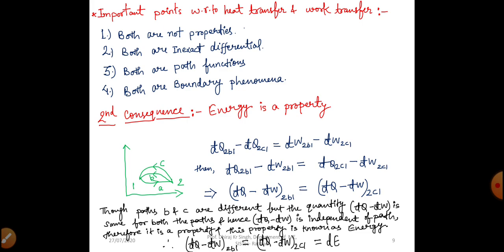So del Q minus del W for 2b1 equals del Q minus del W for 2c1, which is equal to dE. Why have we written d here? Because d denotes an exact differential. Energy is a property, that's why we have written dE. And why did we write del? Because it is a path function and an inexact differential. So dear students, the second consequence of the first law of thermodynamics is that energy is a property.